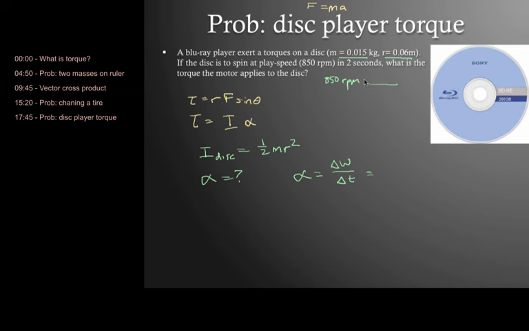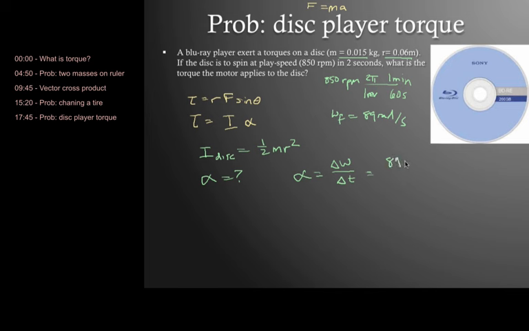We need to multiply by 2 pi, divide by 1 revolution. And then we've got a minute on the top, so we need to divide by 60 seconds. When we multiply this out, we're going to get our omega final is equal to 89 radians per second.